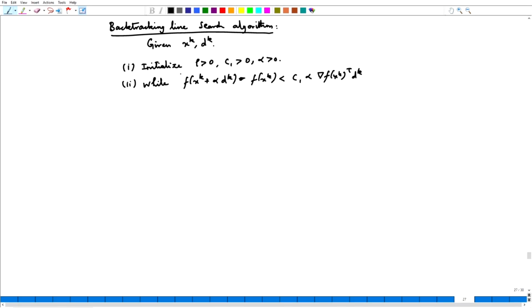You also have to initialize some initial value of alpha, that is also positive, of course. Okay. So, while this condition is satisfied, what you have to do is alpha equal to rho alpha. And so when you come out of this, you output the final value of alpha.